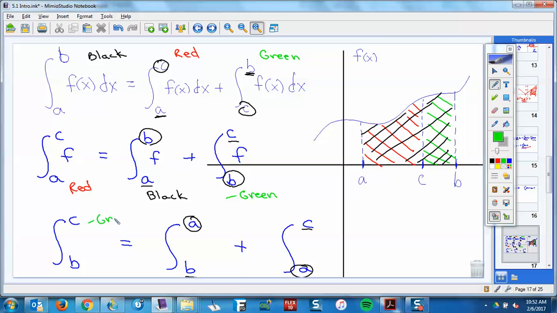That's negative green. What's the area from B to A? That's negative black. What's the area from A to C? Positive red. If you took negative black, added the red, what's left would be the green, but it'd be negative because the black was bigger and it was negative, so it'd be negative green, and it works.